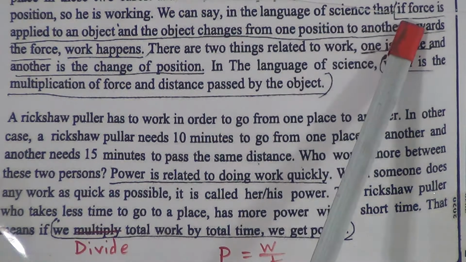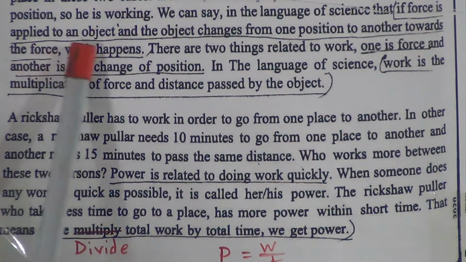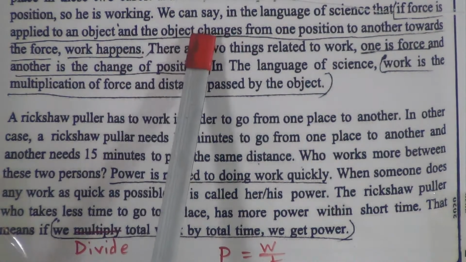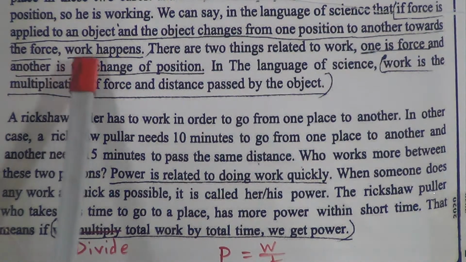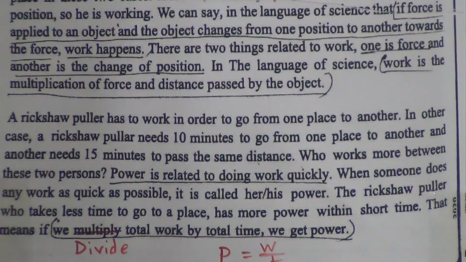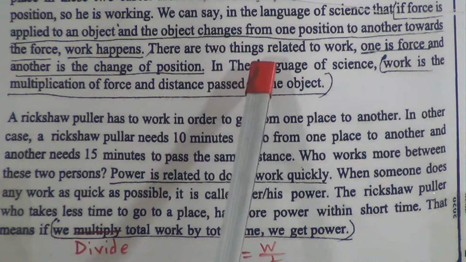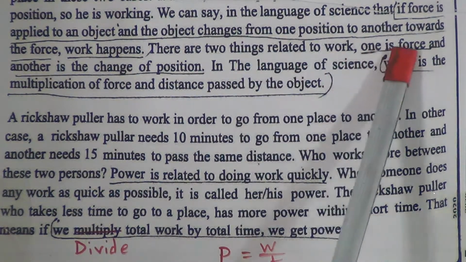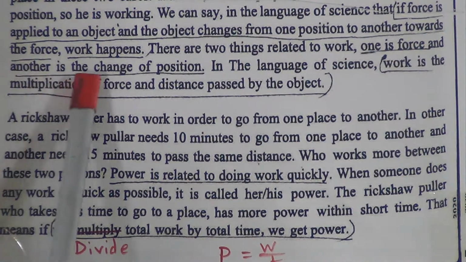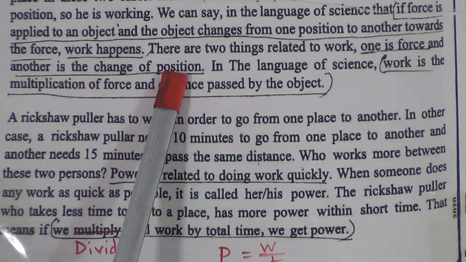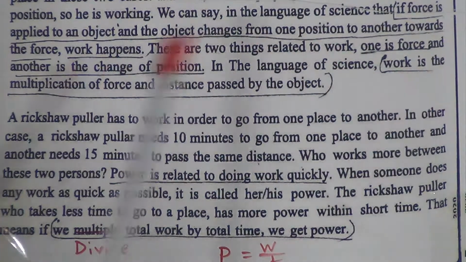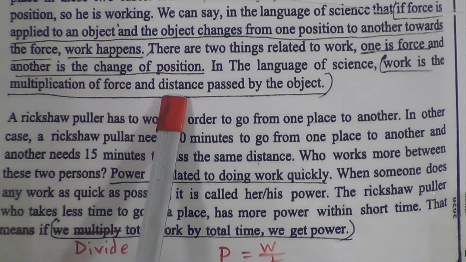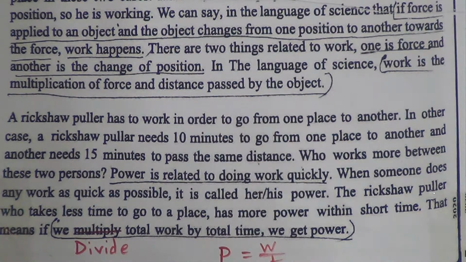There are two things related to work: one is force and another is the change of position. In the language of science, work is the multiplication of force and distance passed by the object.